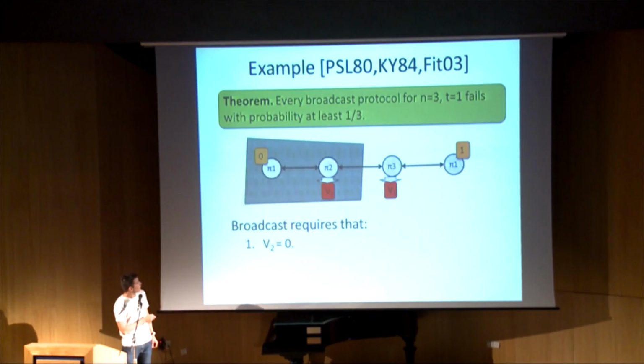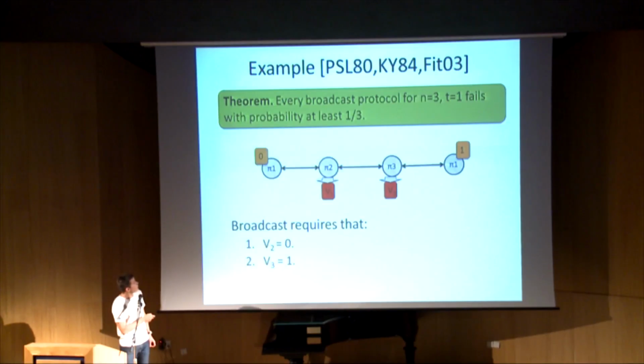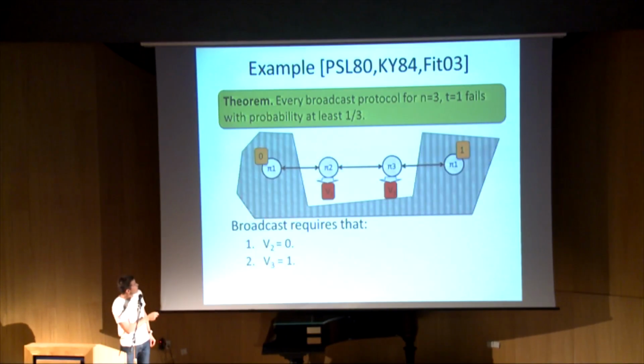Similarly, if we let the adversary corrupt p2 and execute this part of the system, and player p3 executes pi3, and player p1 executes this pi1, we conclude that v3 equals 1. Finally, if the adversary corrupts player p1 and lets players p2 and p3 execute these two programs, we conclude that v2 should equal v3.